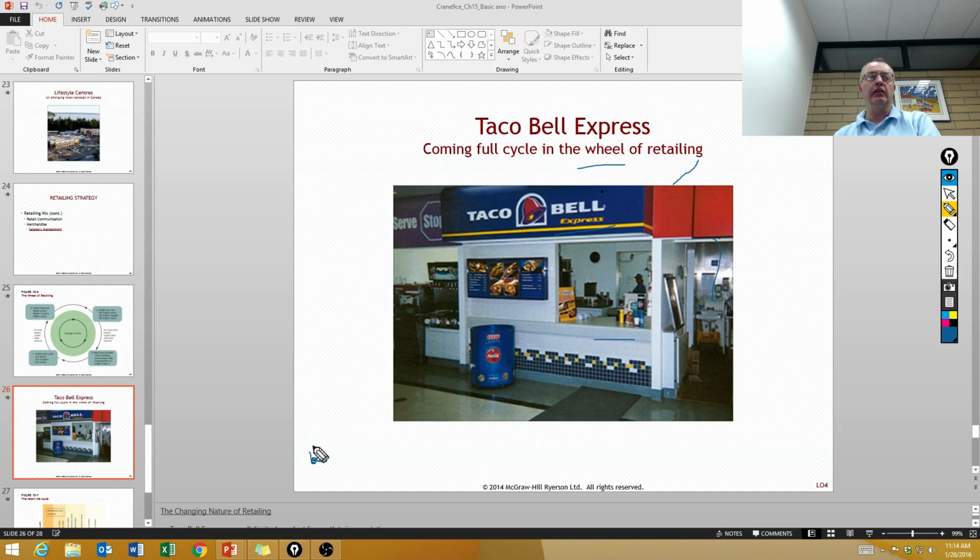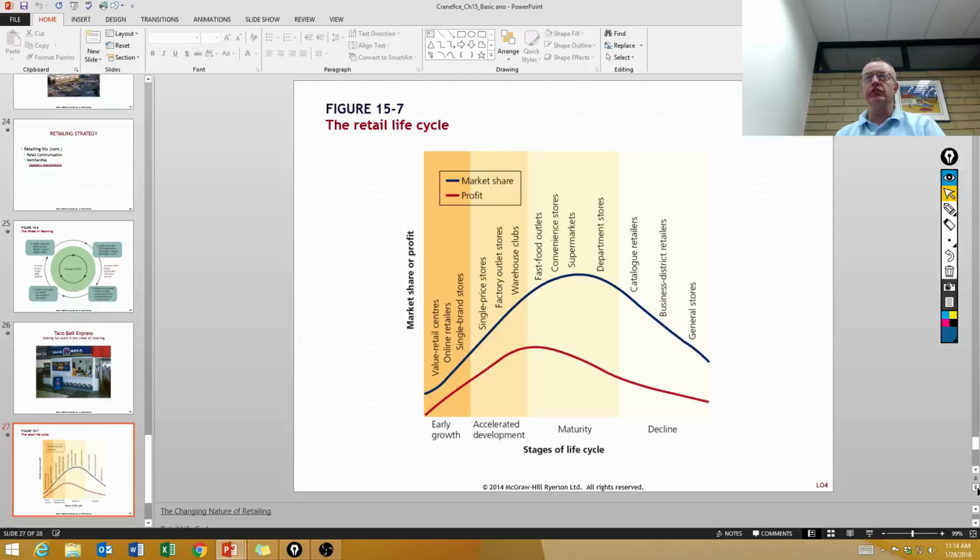And they would go through that wheel of retailing. Okay, so way back, and I can't remember which it was, chapter 5 or chapter 7, we talked about the product life cycle. So the same concept of life cycle can be applied to the retail sector as a whole.